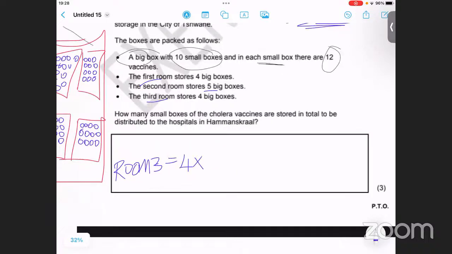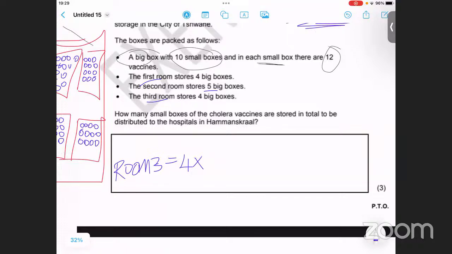Now they are asking how many small boxes of cholera vaccines are stored in total to be distributed to the hospital in Hammanskraal.